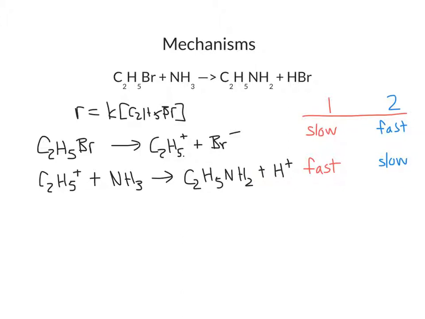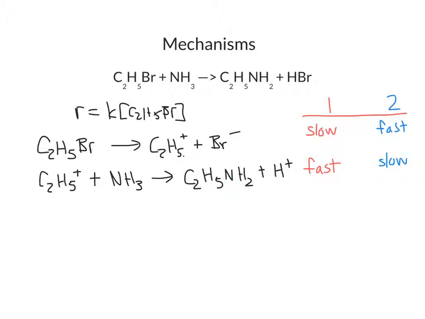And so what limits how fast we can make this product is the slow production of this intermediate. So this is analogous to if you have two people who are washing dishes. Let's say that you start with dirty dishes and you're making clean, wet dishes. And then a second person takes those wet dishes and dries them, so you end up with dry dishes at the end. So the overall process is dirty dishes go to clean, dry dishes.